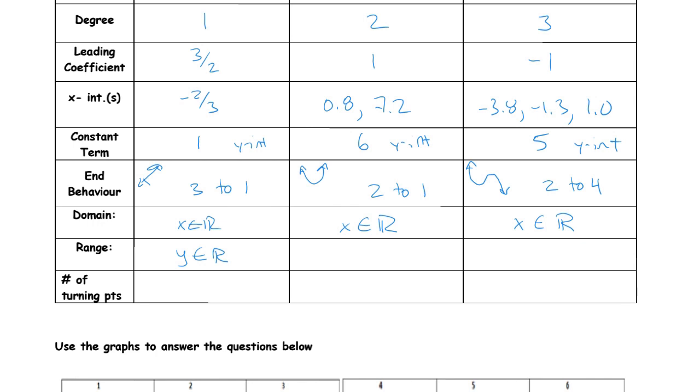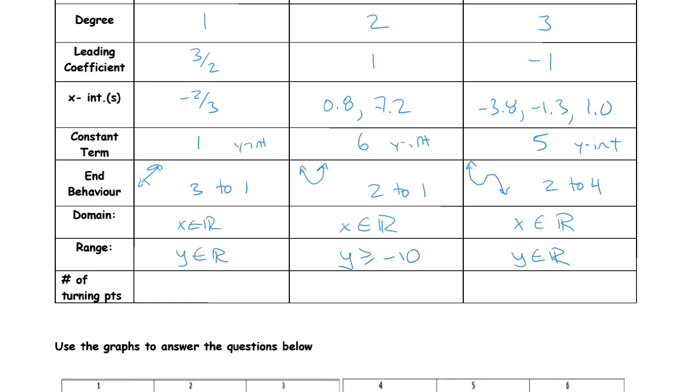So I'm going to go back to my calculator and use the minimum feature to find that value. It turns out in this case it's going to be -10. So that means that my range is going to be greater than or equal to -10. And for my cubic, my range is going to be all reals.